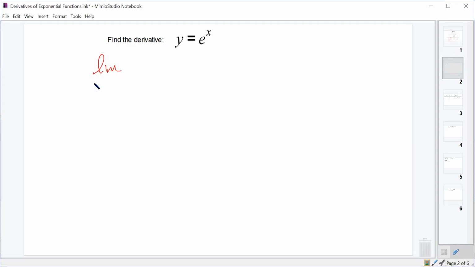We did a limit as h approached 0 of the difference quotient, right? E to the x plus h minus e to the x all over h. Isn't this the limit definition of the derivative? So I should be able to find any derivative by using this limit of the difference quotient. So what can I do with that now?